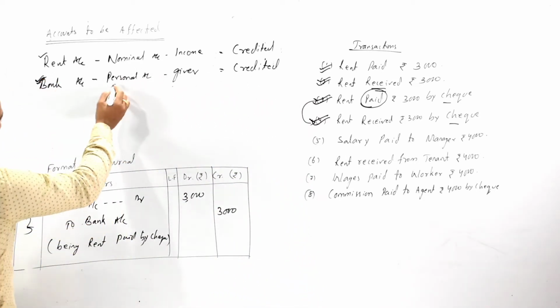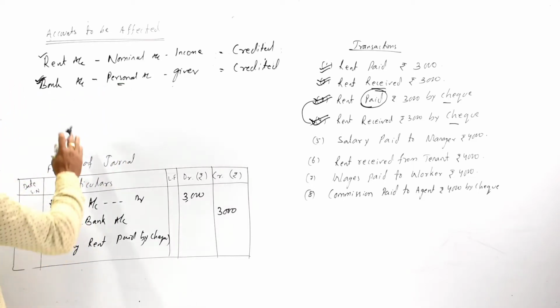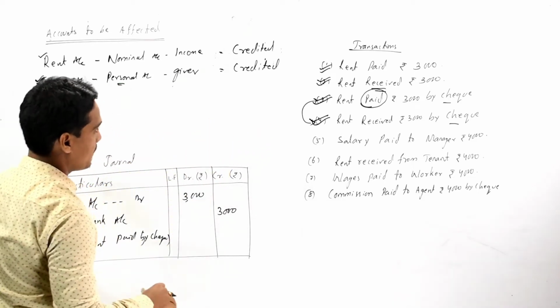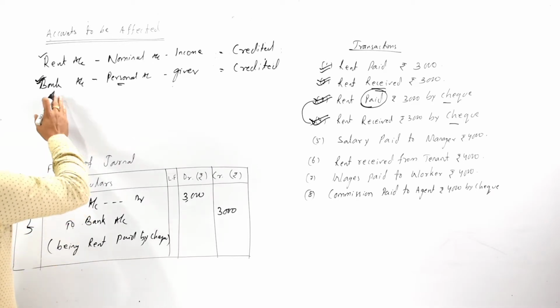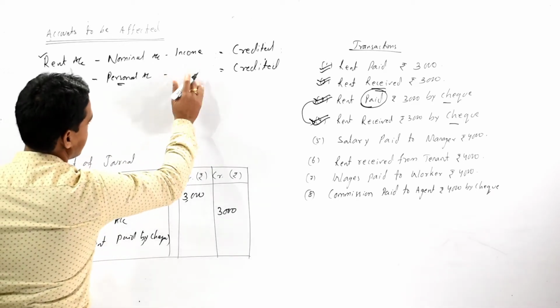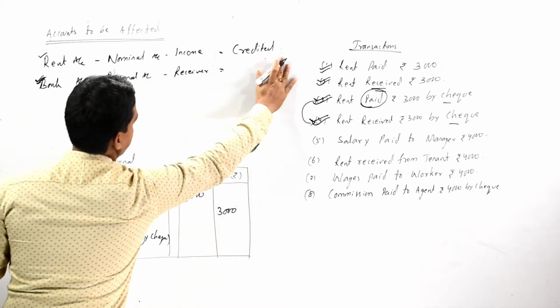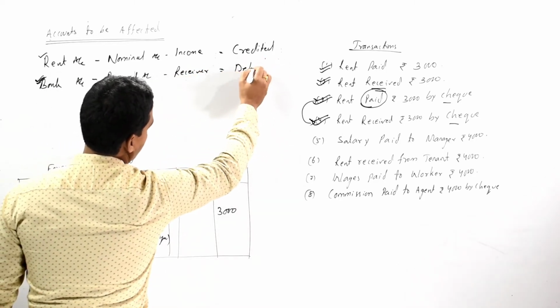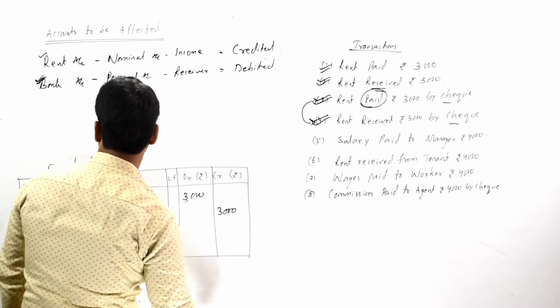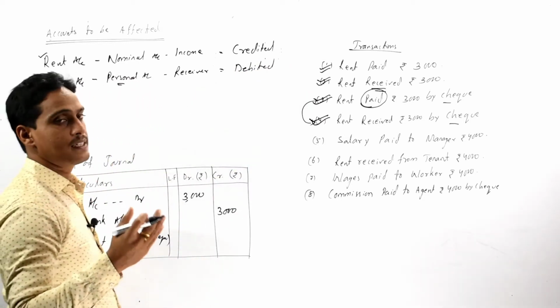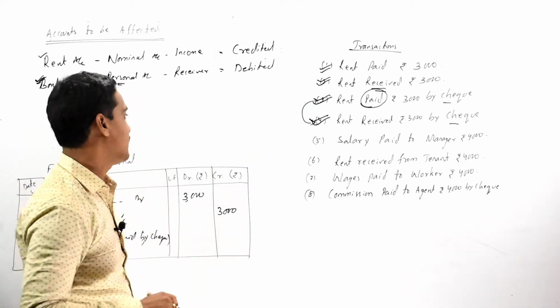Similarly, bank is a personal account. As we are receiving the rent, our bank is a receiver, so it should be debited as per the rules of the personal account, that is debit the receiver and credit the giver.